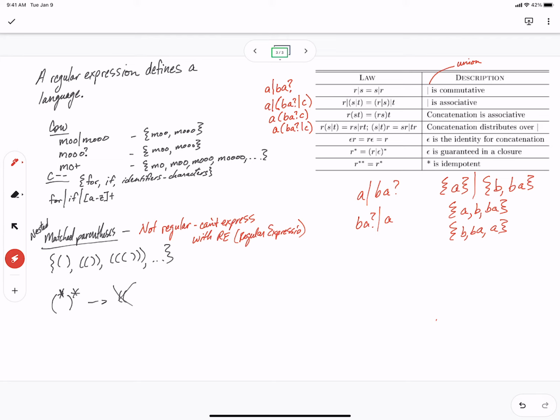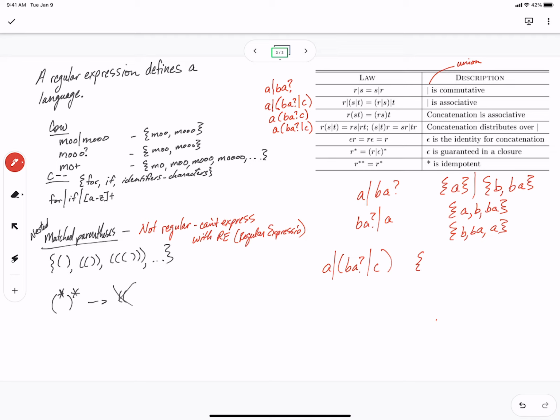Okay, so let's do the next one. Union is associative. So we have A union with BA question mark, or C, union with C. So first of all, what's this language here?